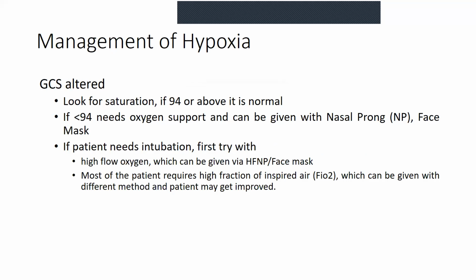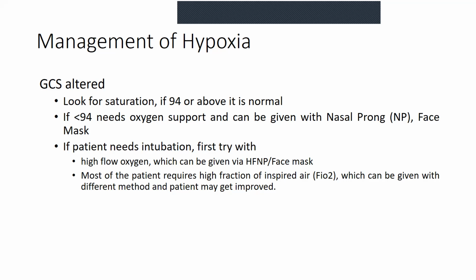In management of hypoxia, first of all, we should look for the GCS level of the patient, and after that, we should look for the saturation of the patient, whether it is less than 94% or above 94%. If it is above 94%, then it is normal. We should not have to do anything further for hypoxia. But if it is less than 94%, then oxygen is required, either by nasal prong or by face mask according to the requirement of the patient.